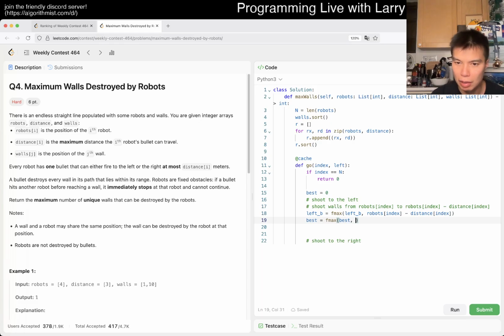And then now it is going to go index +1 left. No, the left boundary is now at robots R of index plus of 0 plus 1 because you don't want to shoot the robot.